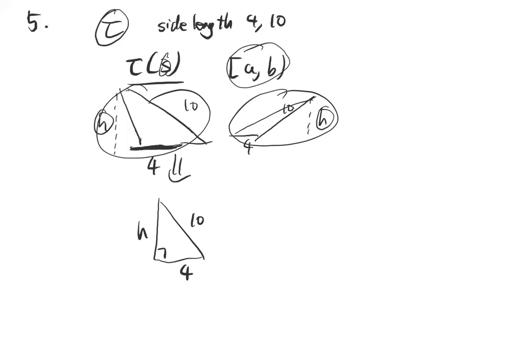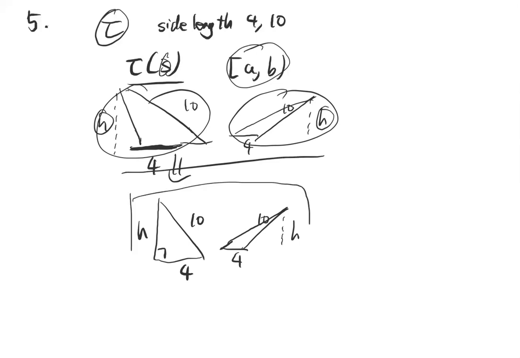Another possible way to have a triangle with the same area with side lengths 4 and 10 is something like this, and nothing else. There's no way to construct another triangle that has the same area. This case is very special because in the first case we have two obtuse triangles, but in this case we have one right angle triangle and one obtuse triangle.